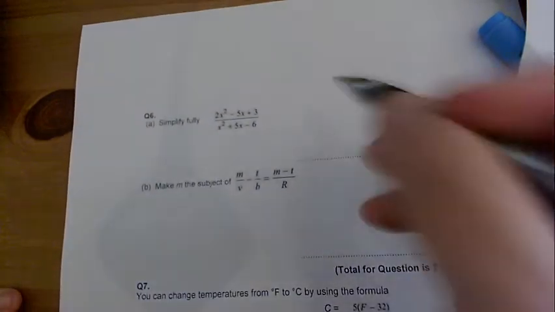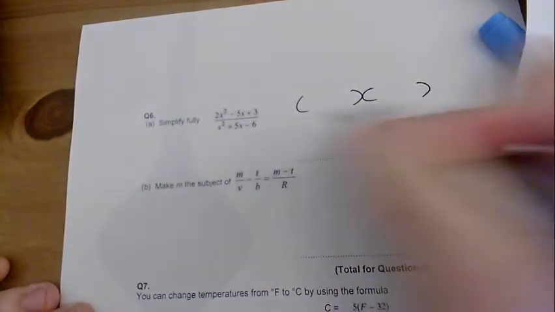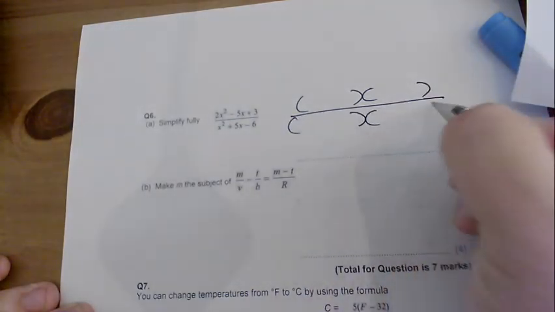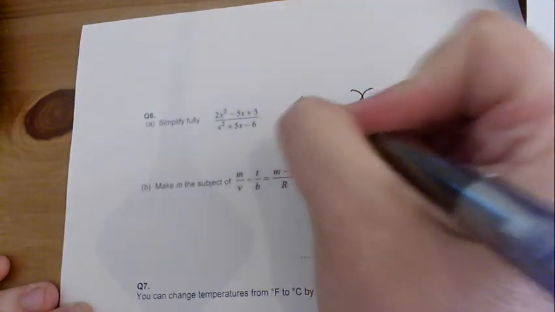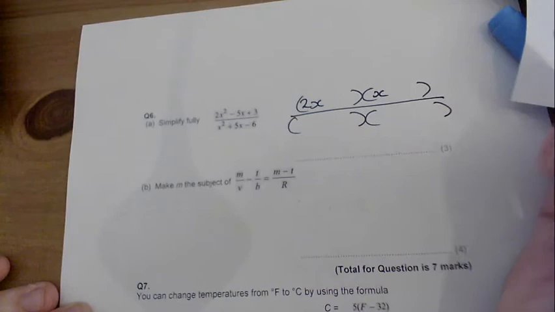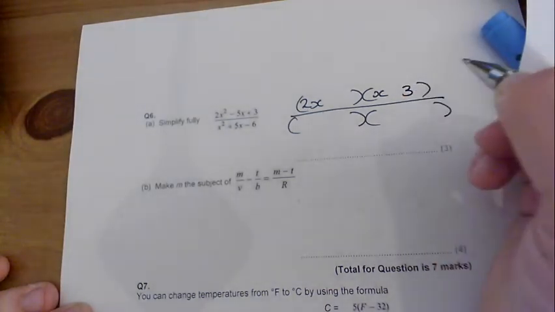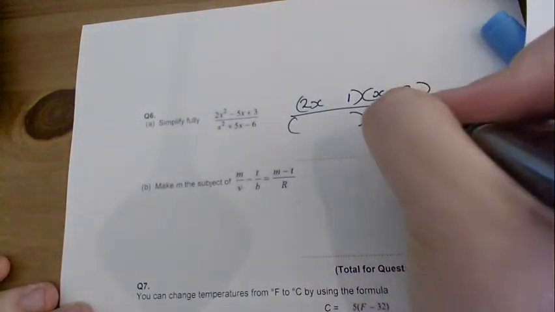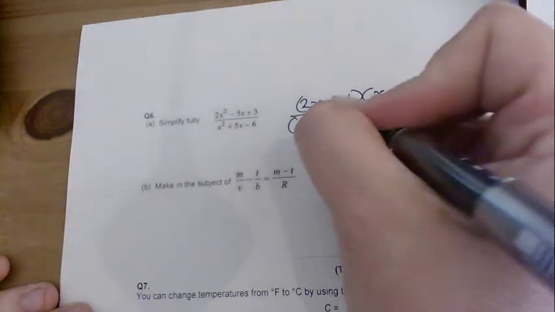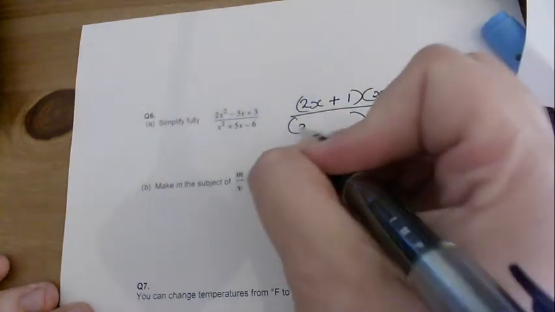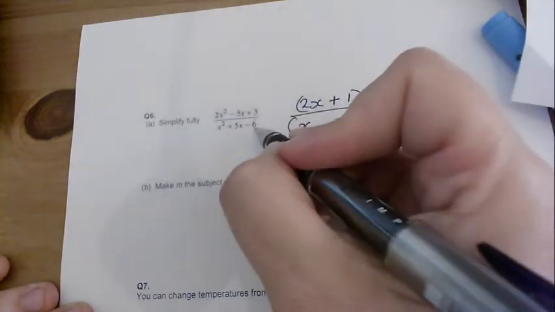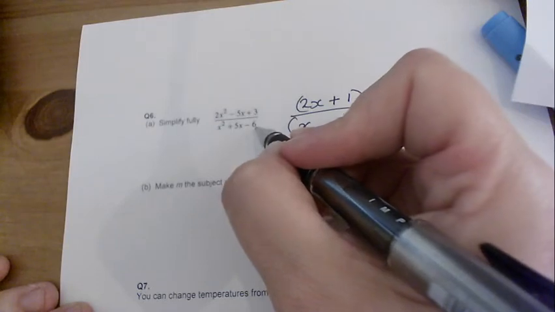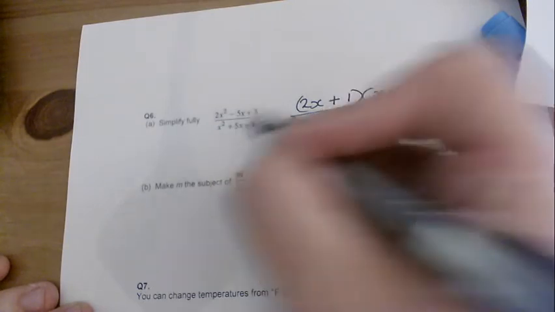Right, question 6. Okay, simplify. So what we're going to need to do is factorize the top and the bottom. So we need a 2x and an x, a 3 and a 1. We need minus 6x plus 1. The bottom, x and x. What times what gives me 6? Well, it's 6 and 1 because they've got to subtract to give me 5.